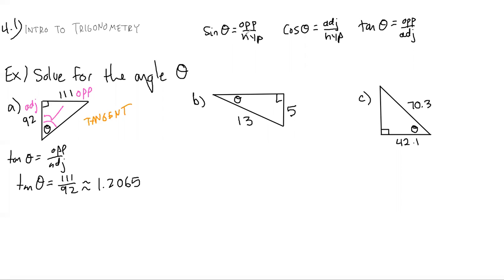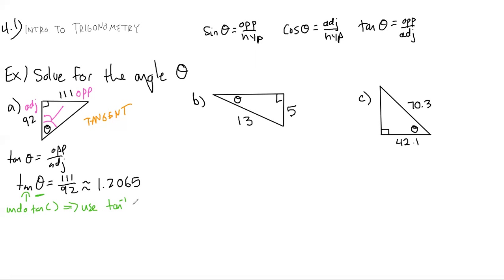Okay, so what we're trying to do though is solve for this theta. So we need to get rid of the tan. So we need to undo tan. And as we know, we undo operations by using their inverse. Your calculator should have these inverse operations, and they're sometimes written as tan to the -1.